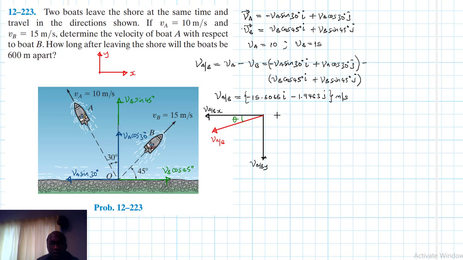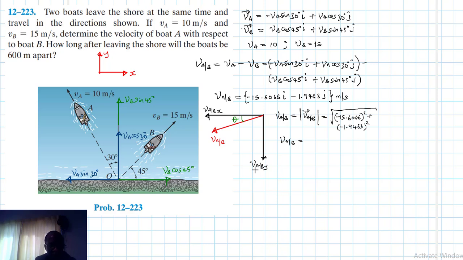Let's find the magnitude. The magnitude of A with respect to B is just equal to the square root of minus 15.6066 squared plus minus 1.9463 squared.